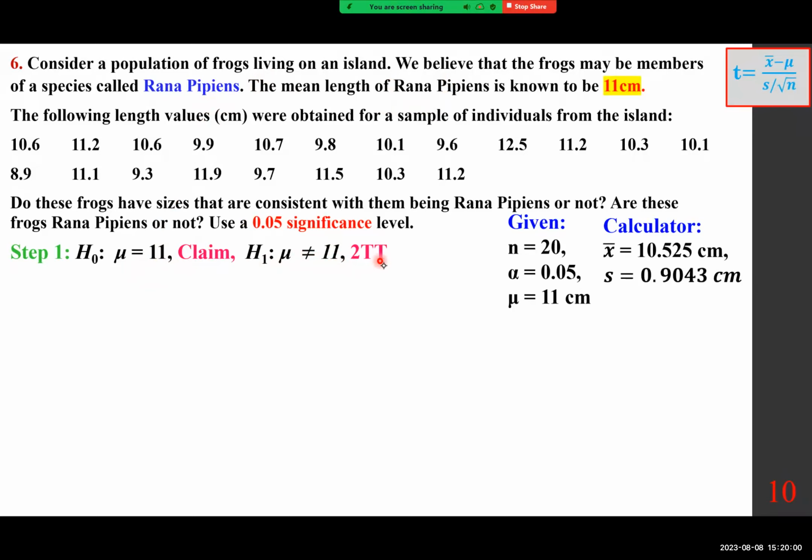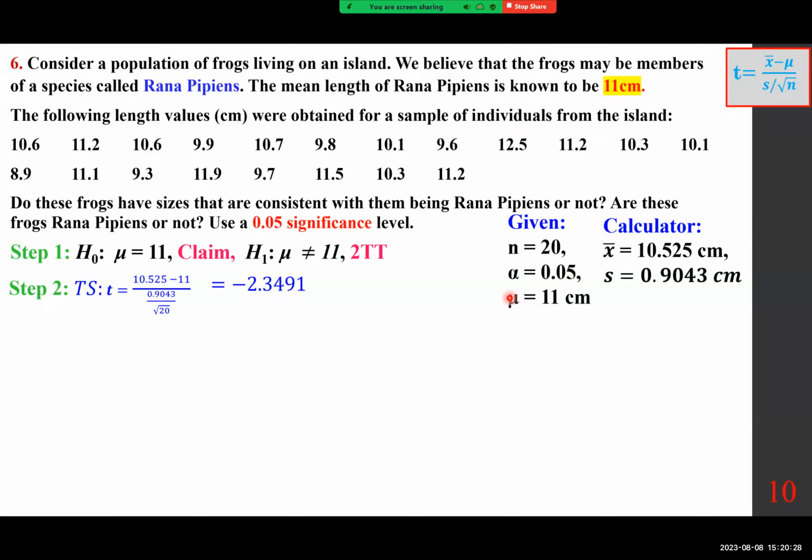Sigma is missing. Therefore, we use the T: X bar minus mu over S over square root of n. Why are we using this? Sigma, the population standard deviation, is missing. So we have negative 2.3491. Choice of alpha, normally in science, in biology, alpha is normally 0.05.